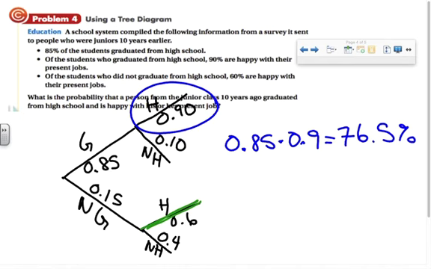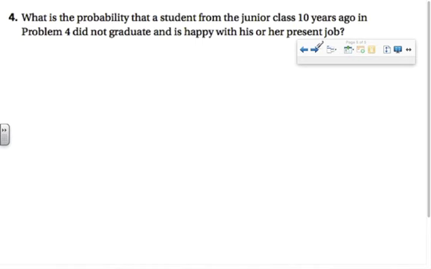And once again, it's a matter of taking 60% of the 15%. Which is 9%.